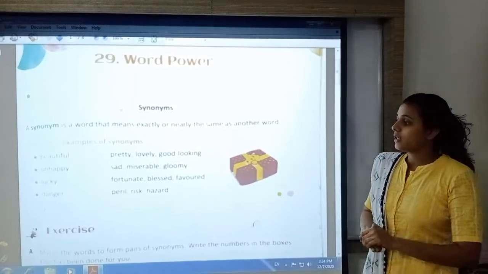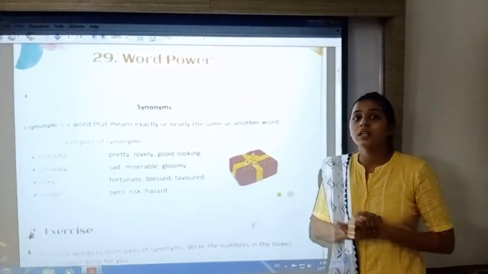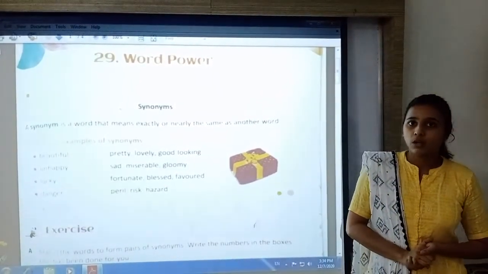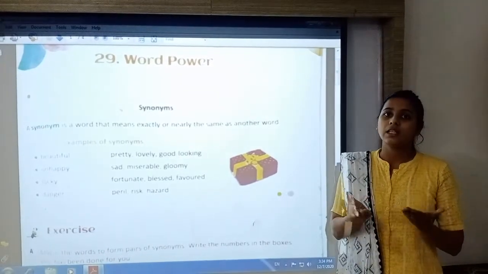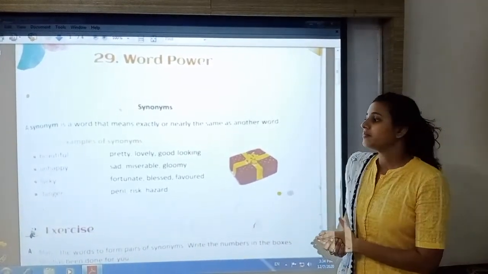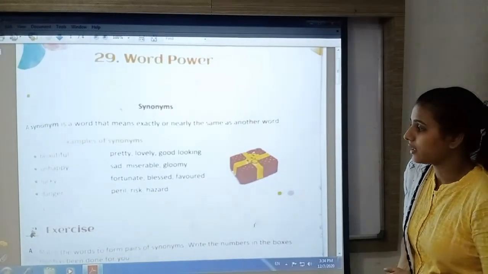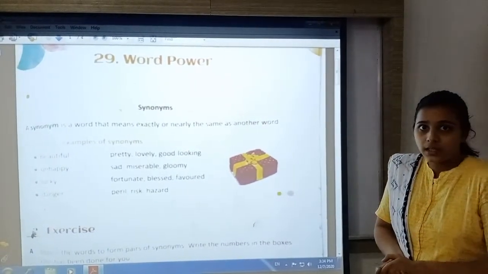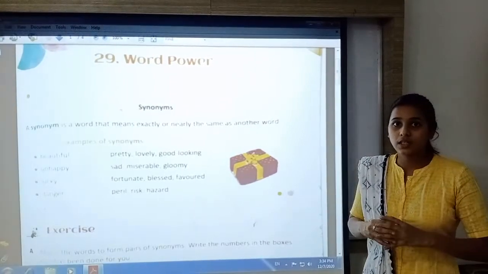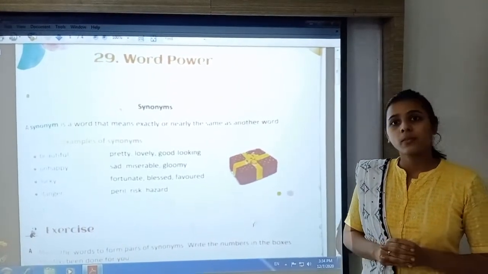So in this way, these words are synonyms of lucky because all these words have similar meaning. Next is danger, that means peril, risk, hazard, which is dangerous for us.